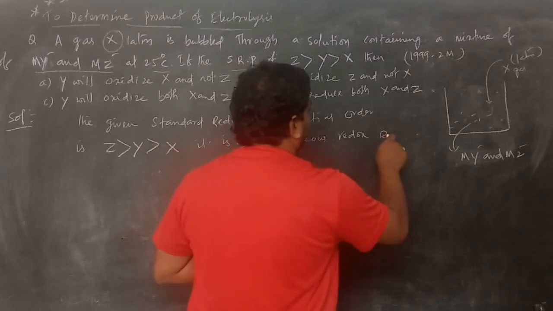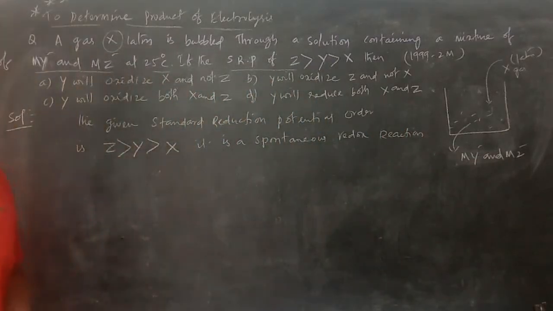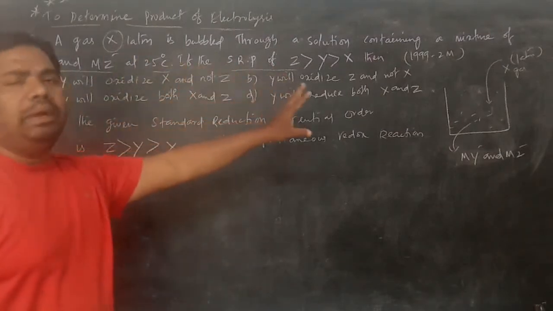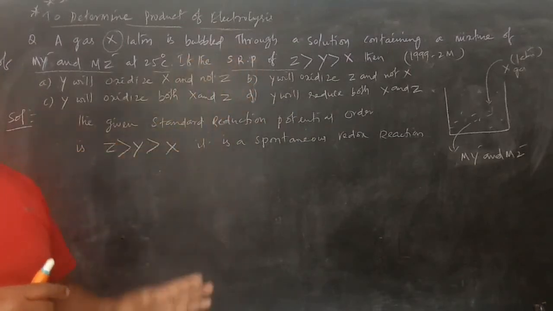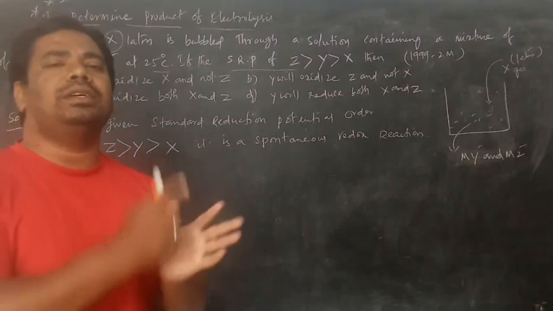Okay, clear, student? So we will assume whatever the metal solutions are there, and X gas is bubbling. X gas is bubbling means nothing but, student, hydrogen gas is bubbled.